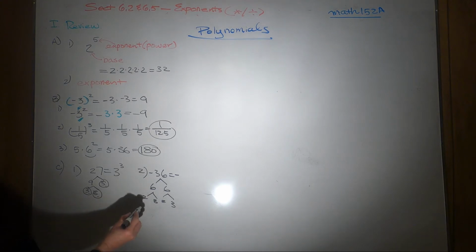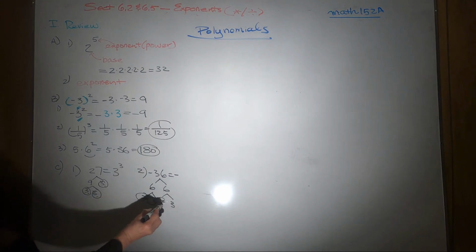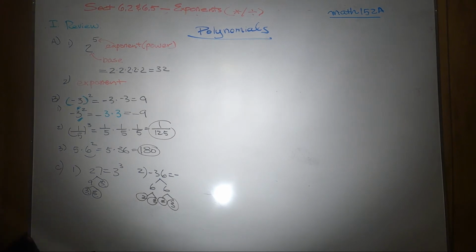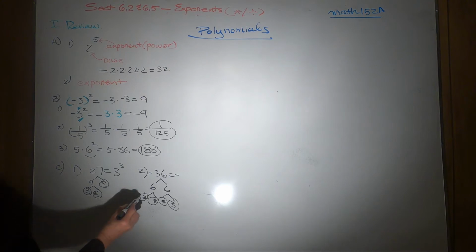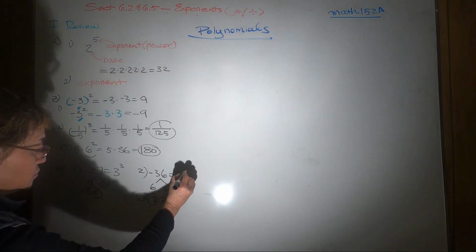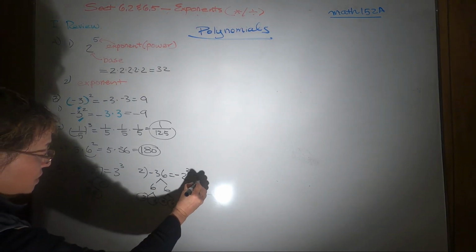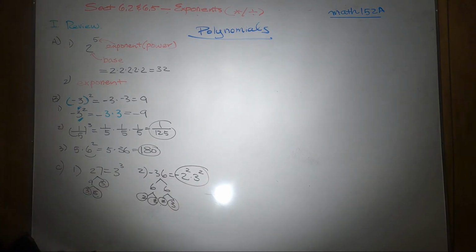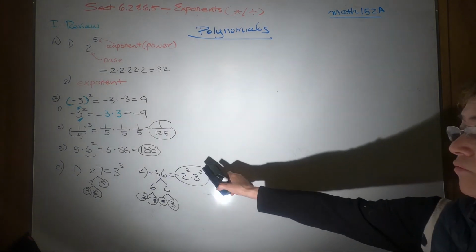We don't need to worry about them. We want the bottom one, or the prime numbers, we call them tree leaves. Okay, so you have 2 of the 2s, and 2 of the 3s. So you will write in prime form that way to break down, to write it in power form.